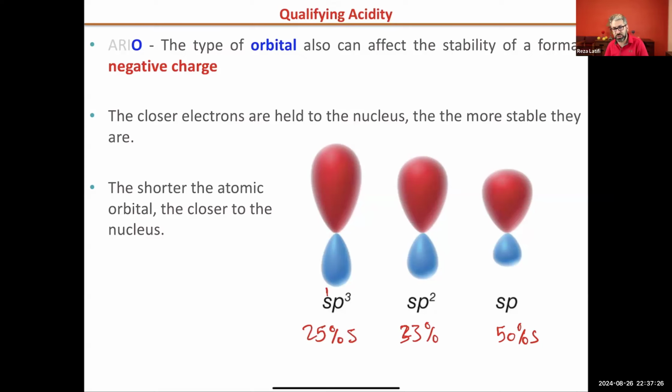The more S character we have, the higher the electronegativity. That means more stabilization. So the electronegativity of sp is higher than that of sp2, which is higher than that of sp3.